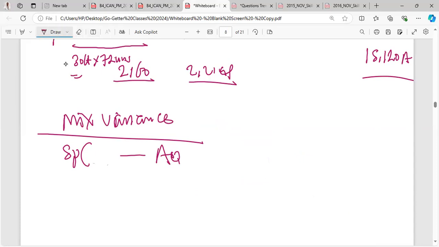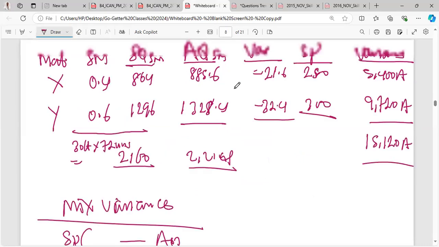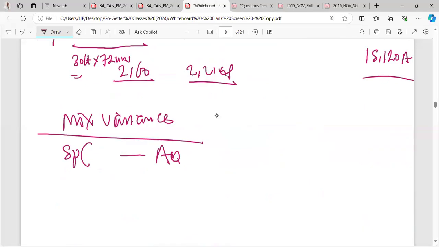Here we use actual quantity, standard mix. So we'll come here and use actual quantity standard mix, and this is actual quantity actual mix.